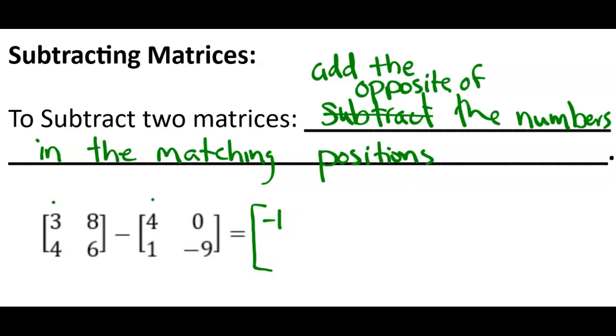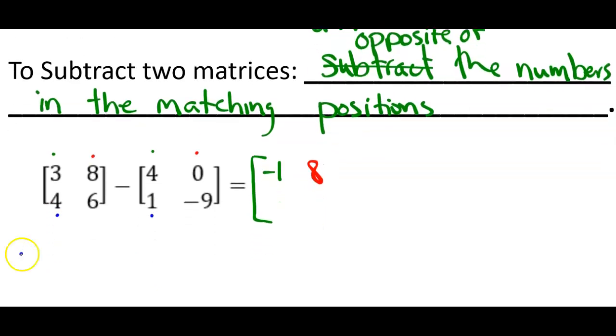Okay? And then we have 8 and 0. 8 plus 0 is, there is no such thing as negative 0, so it's still 8 plus 0, which is still 8. Okay? 4 plus negative 1. We should have been writing these down. 4 plus negative 1 is 3.